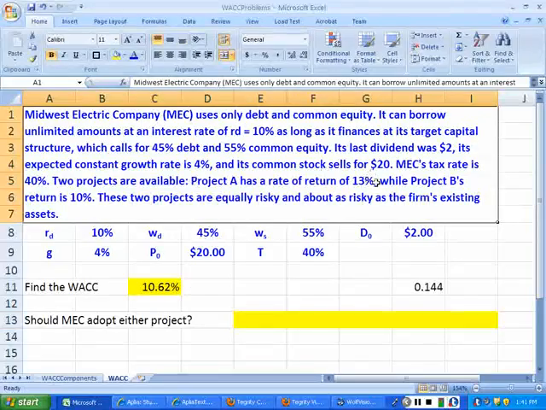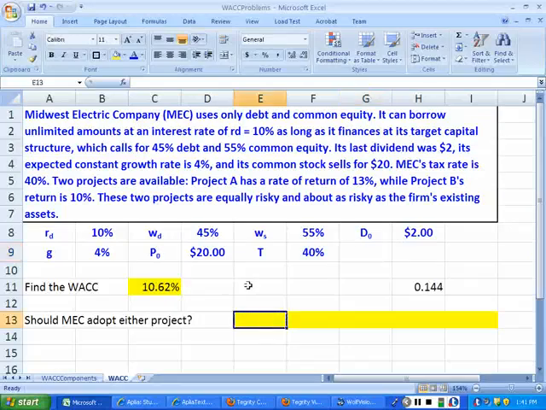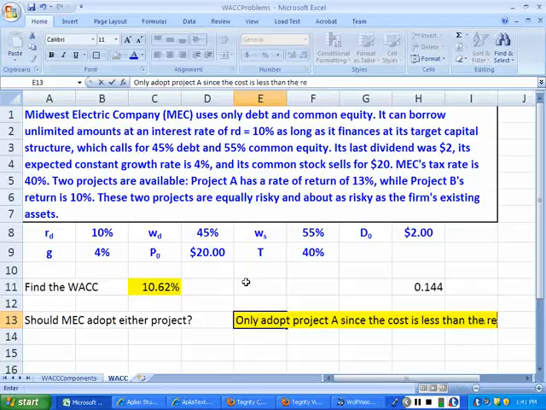Project A has a return of 13%, so certainly we can justify Project A. But Project B only returns 10%, and it's going to cost us 10.62% for a project, so we would say only adopt Project A, since the cost is less than the return. And there we have it.